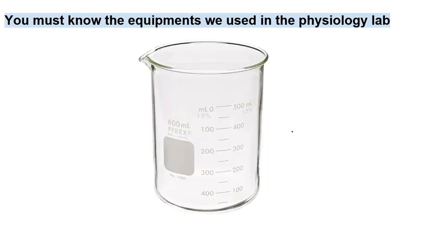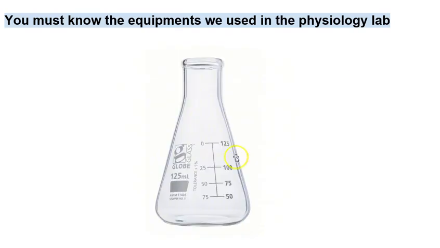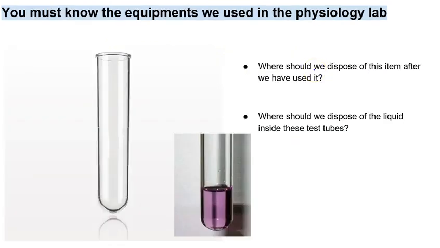Next item in view is called beaker. And then in this picture, you can see the flask. Here we have the test tube, which we use a lot in our physiology lab.